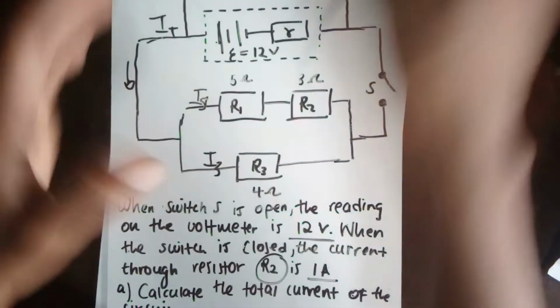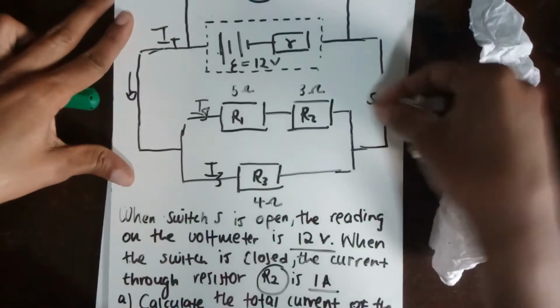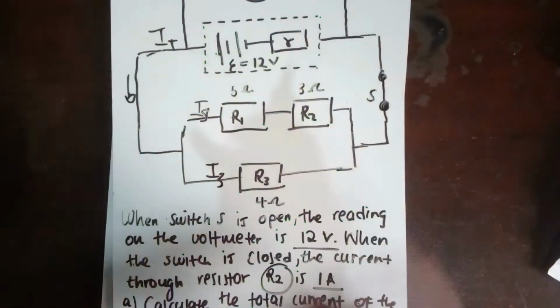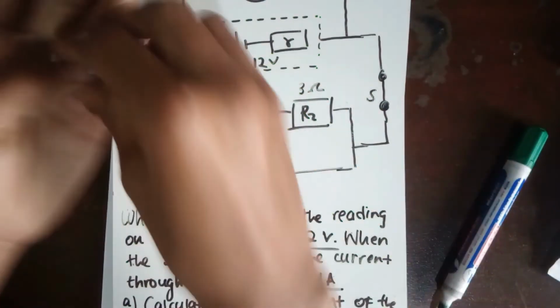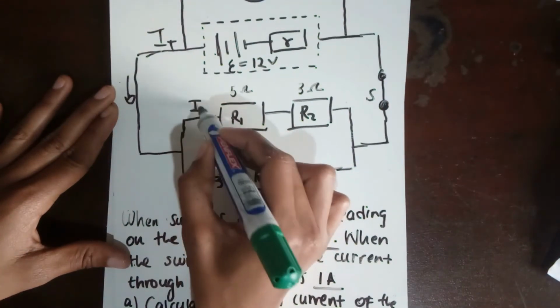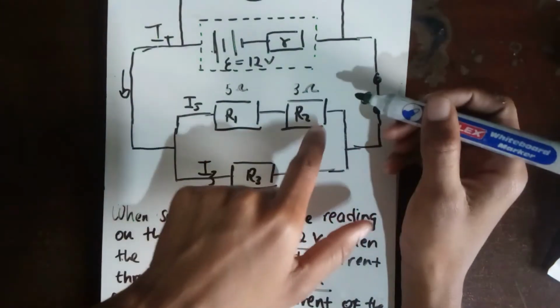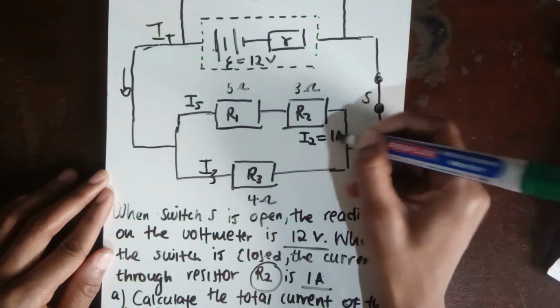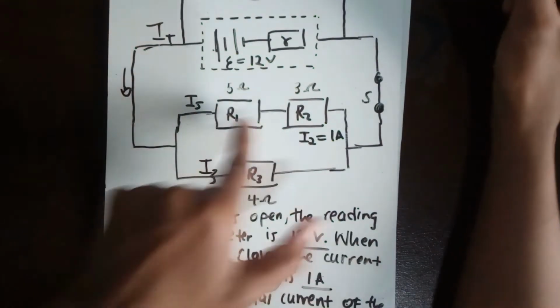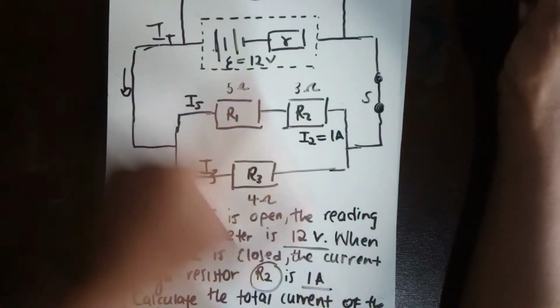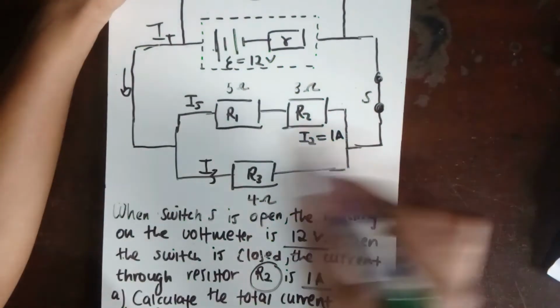So when we close this switch here, so now it's closed, we found that, so we said this is IS. So the current through this resistor, let's call that current I2, is 1 ampere. But what do we know about our resistors that are connected in series to each other? The current through them is the same.